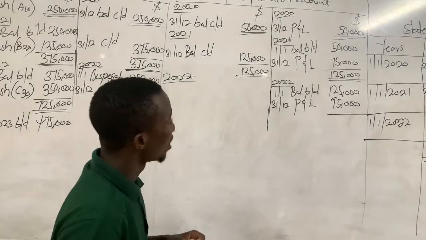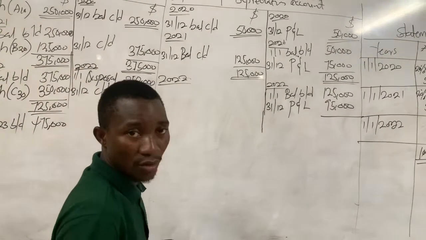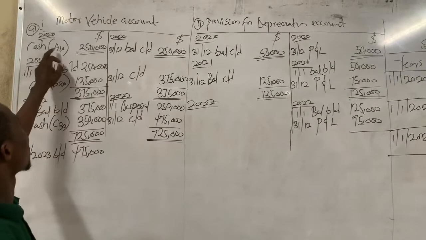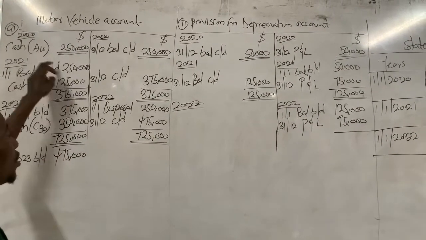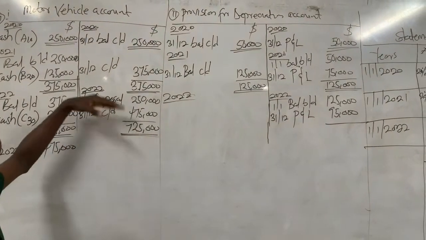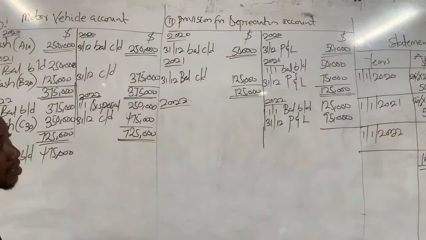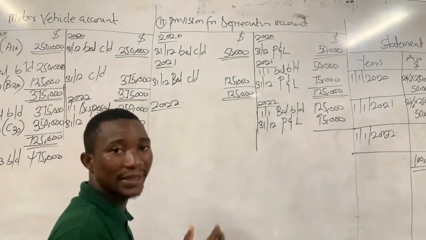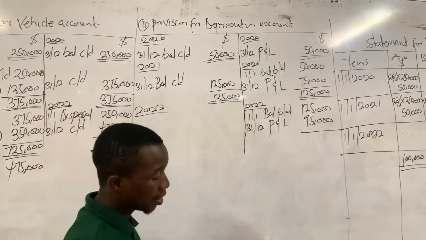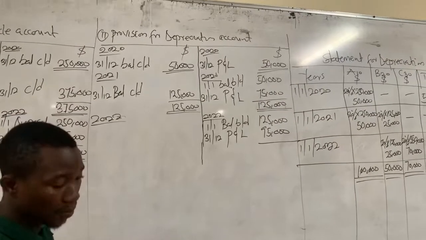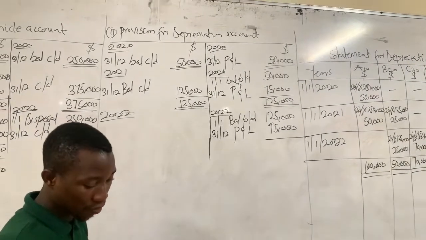But mind you, in 2022, we disposed of this asset, that is motor vehicle A10. We disposed of it, so we took the cost from the total cost of the assets. So we need to also take the accumulated depreciation from it. Is that okay? So the accumulated depreciation will be taken care of in the provision for depreciation account.